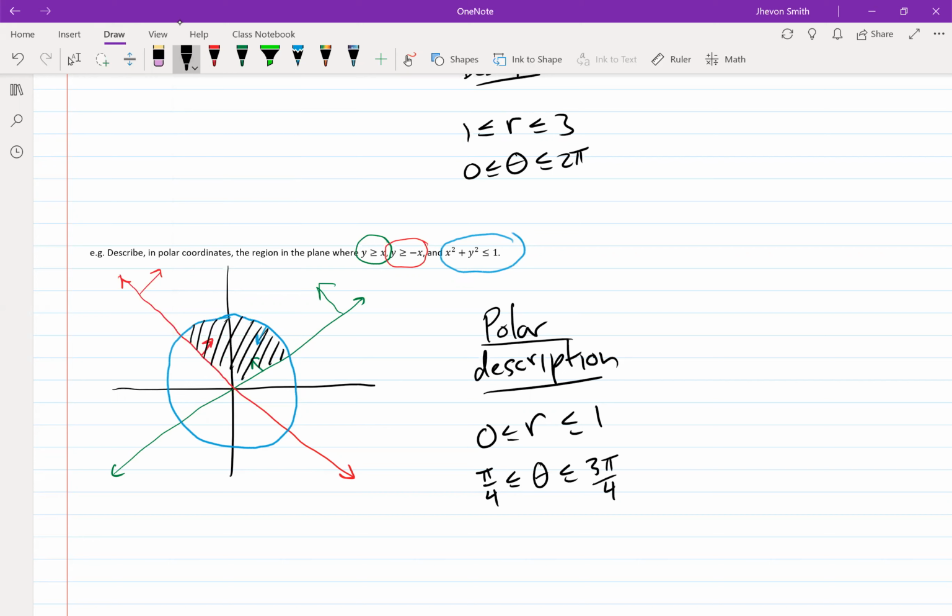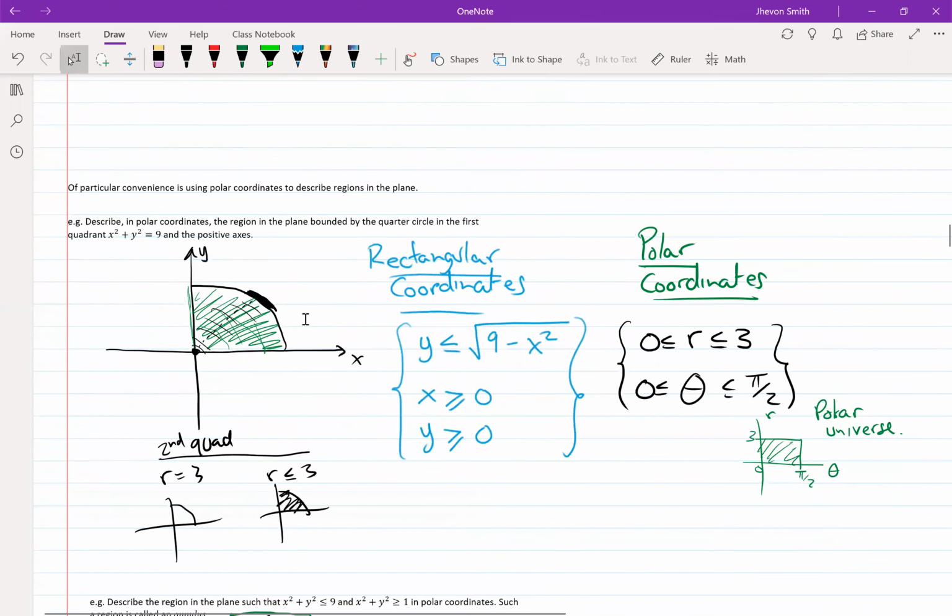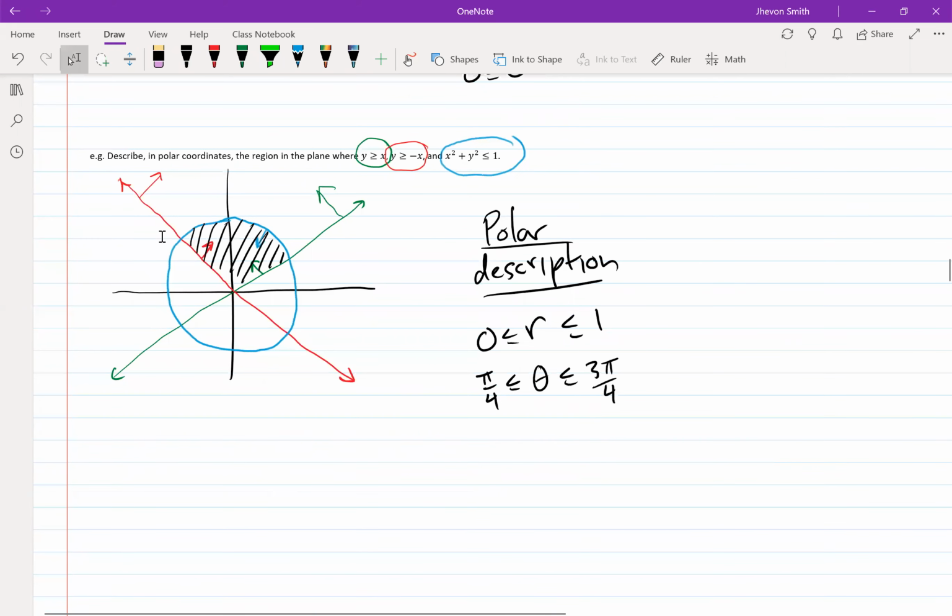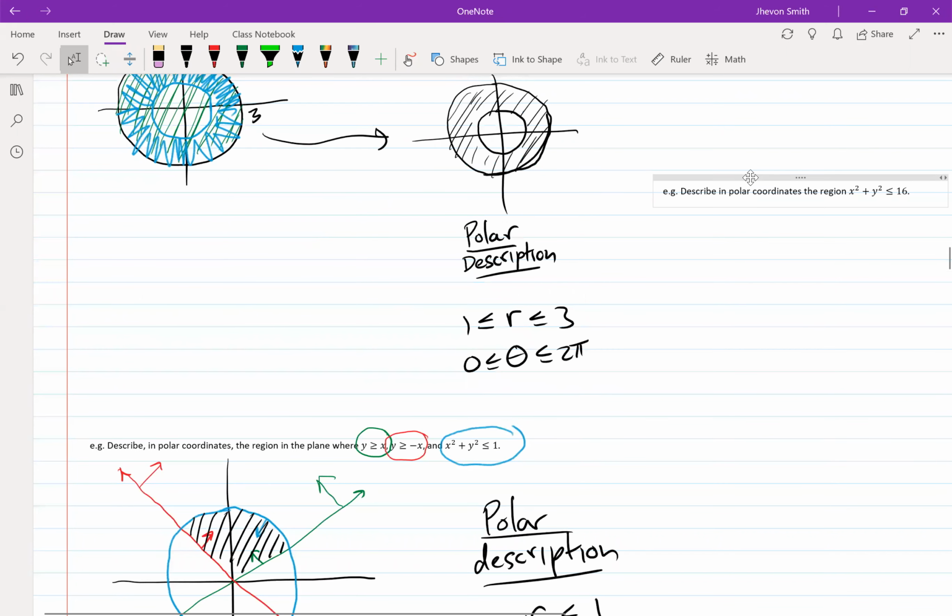Again, that's still just constants. We're looking at things that look very complicated here, and once they're circular in the xy plane, it turns out that they look like constant functions in the polar universe.